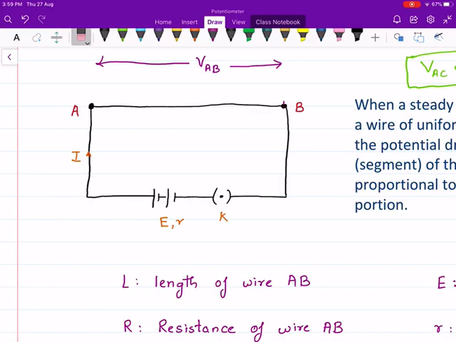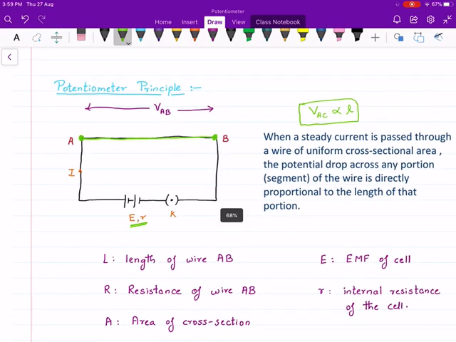Between these points A and B is our potentiometer wire, and I have just shown it in one straight line for ease in drawing this diagram. We have a source of EMF connected over here, that is the cells or batteries having EMF E. Current I is flowing through it.